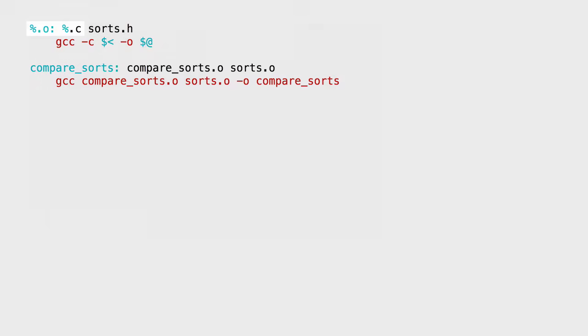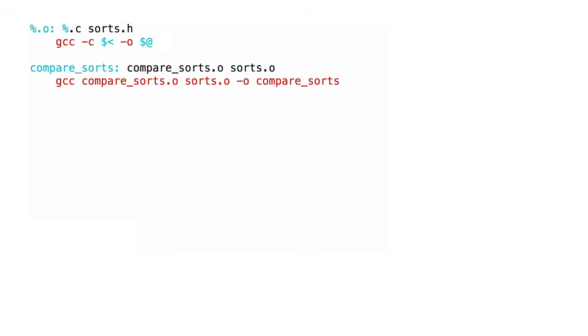In this situation, the % sign means that each object file that needs to be built depends on a source file of the same name. $< is a variable containing the first name in the list of dependencies. $@ is a variable containing the name of the target. So altogether, this rule checks any required object file and builds it based on a similarly named source file.